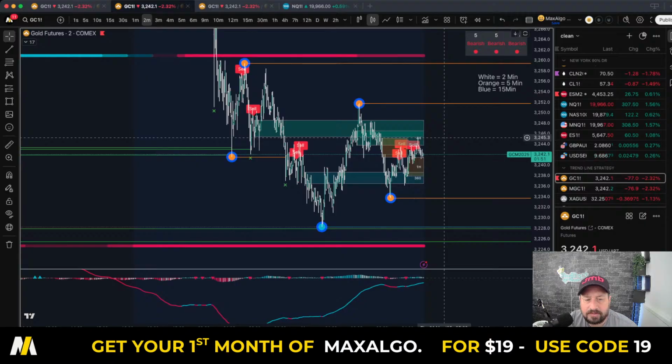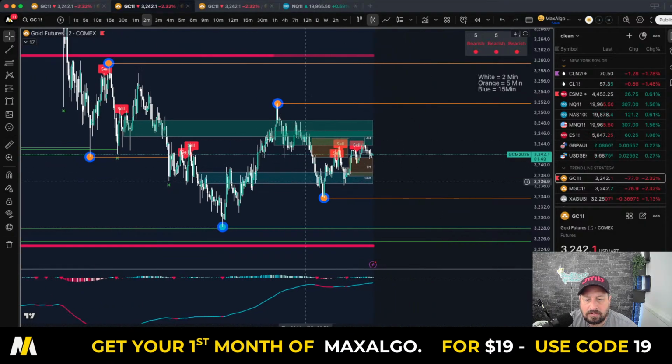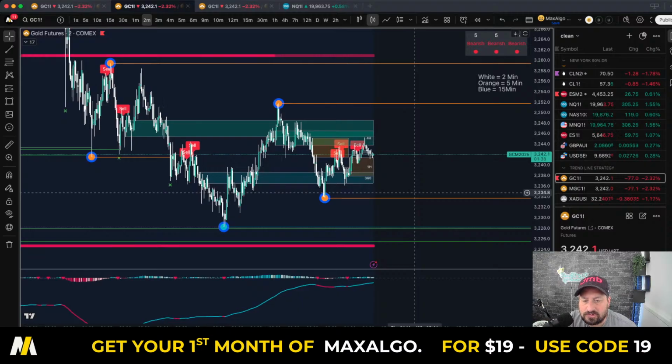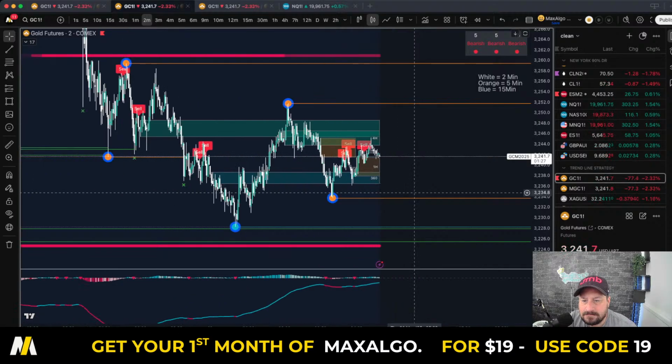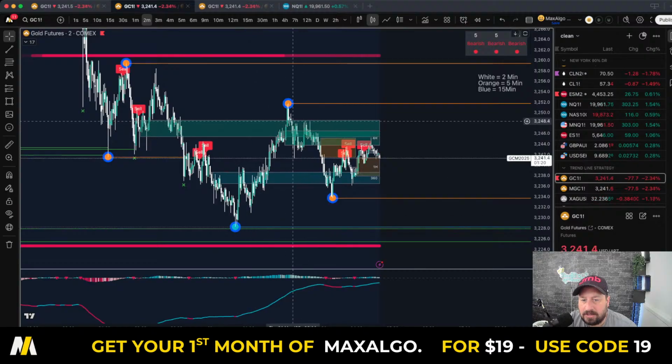We haven't taken the 4-hour low. Previous 4-hour high, previous 4-hour low. So we're currently in between the range.